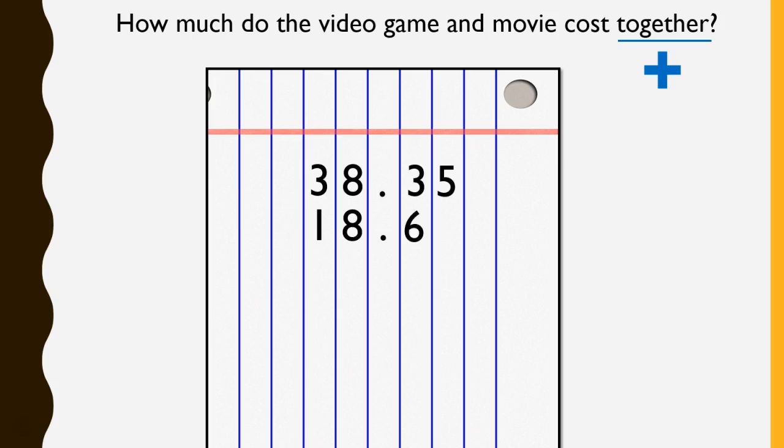Those decimals are nice and straight on top of each other. Okay, and then this is an addition problem. All right, and then you simply just go through the steps of adding. 5 plus 3, 3 plus 6, don't forget your decimal, 8 plus 8, and then 1 plus 3 plus 1. And there is our answer.